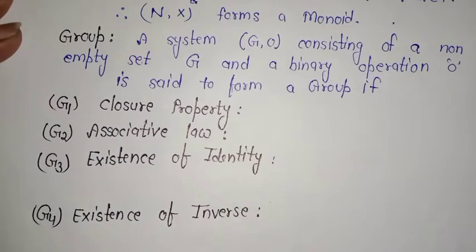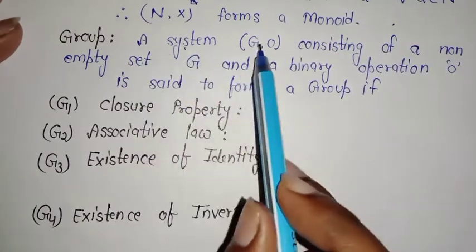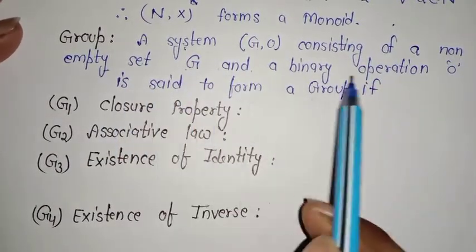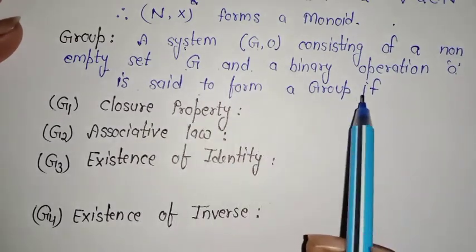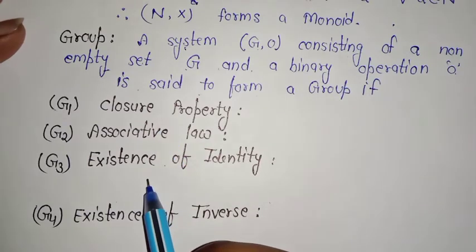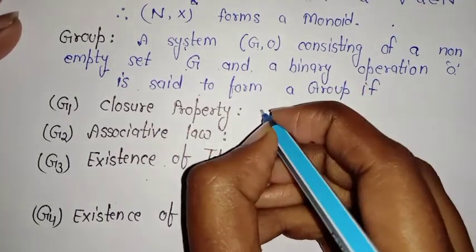The definition of group is: a system (G, O) consisting of a non-empty set G and a binary operation O is said to form a group if all the four properties are satisfied. I have discussed three of these properties, so I am going to write them directly. What is closure property?